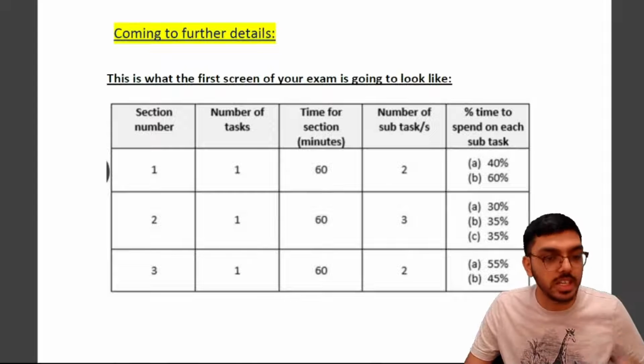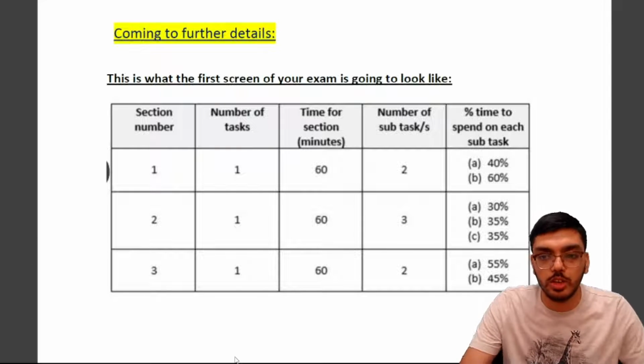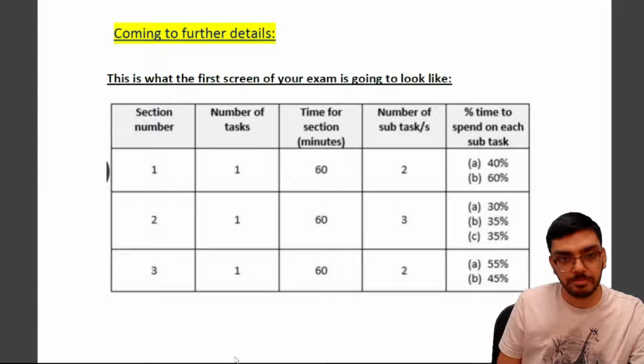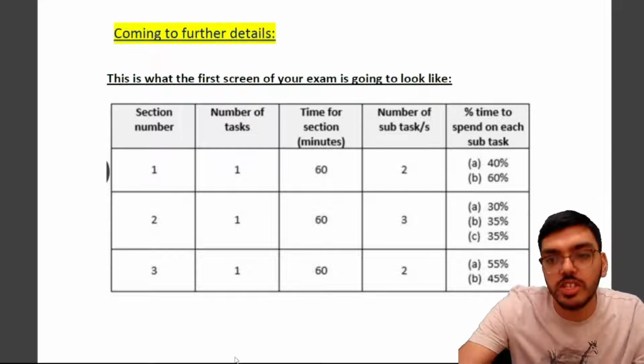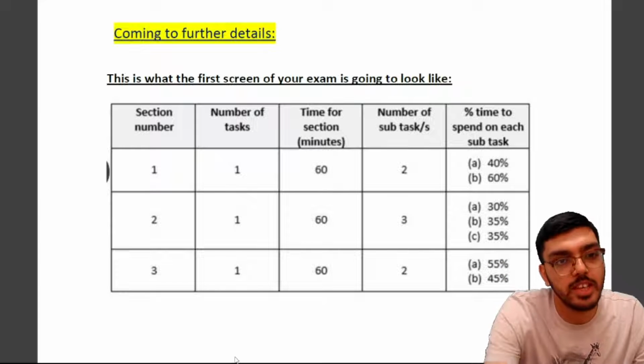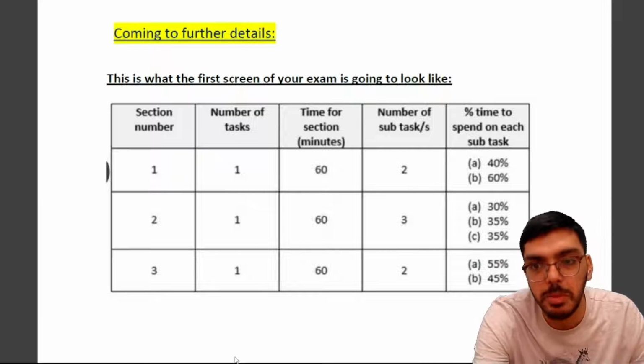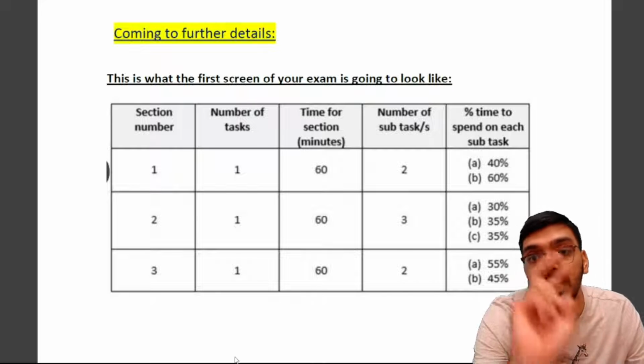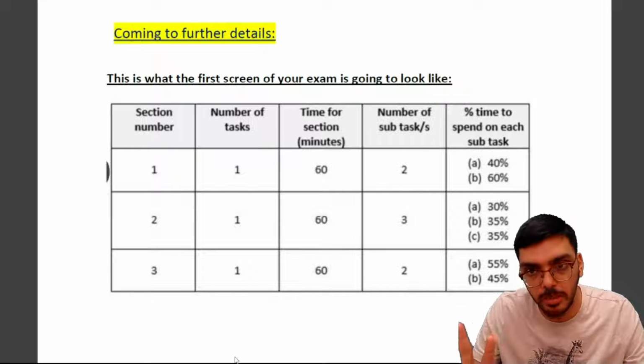Coming to some further details now. Now, this is the first screen that you see in your strategic case study exam. This screen just evidences what I have spoken about. This screen says that your first question has 60 minutes of the time, and the subtasks are 2. There are 2 subtasks.